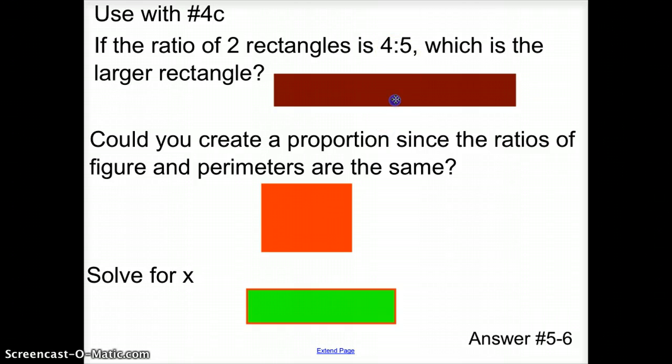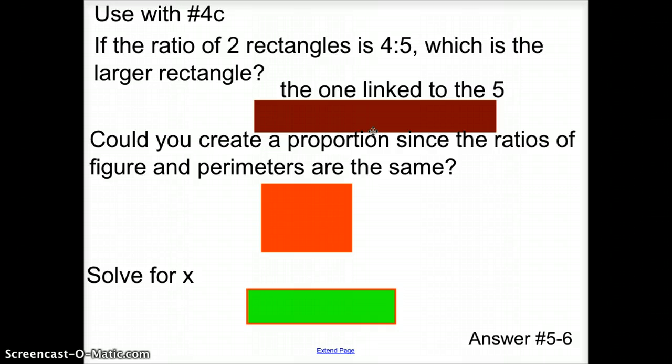In this case, the larger of the two is whichever table is linked to the number 5. Obviously, 5 is larger than 4. So if that were the case, could you use the table length of 44 feet as the corresponding side to 5, only that you're going to solve for the missing part and solve that for x? So could you create that proportion?